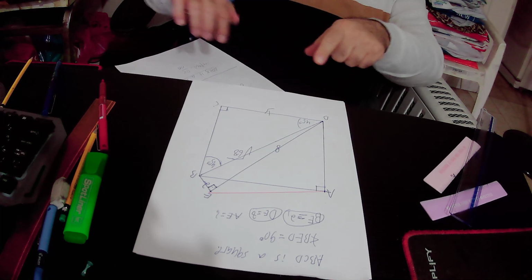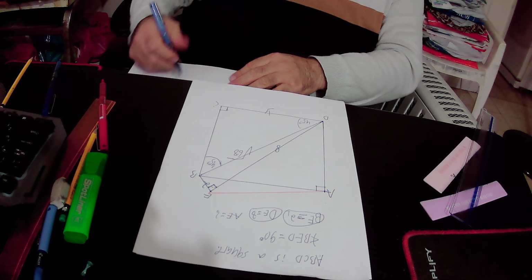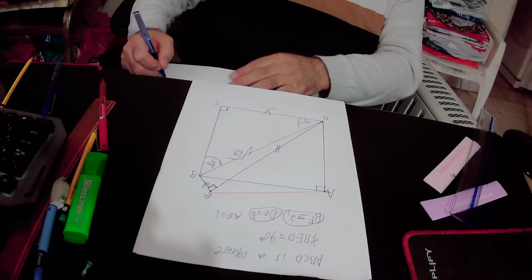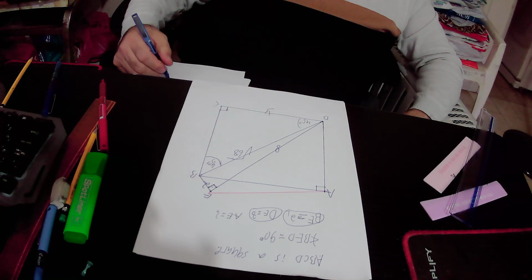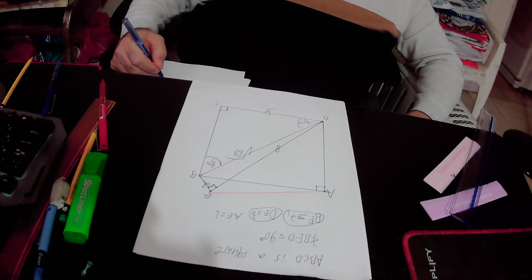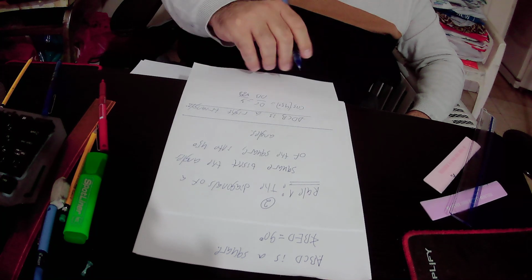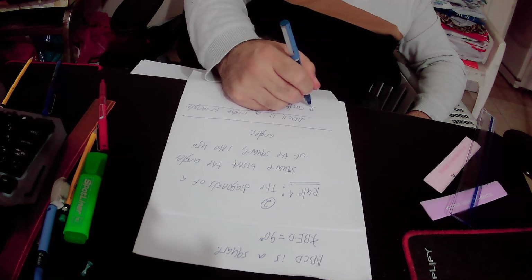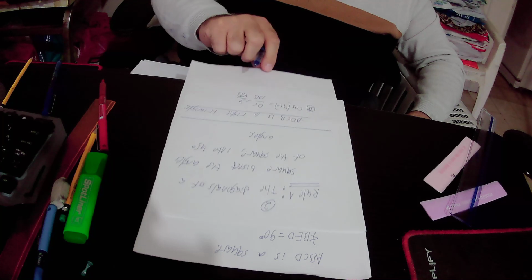But DC equals Y according to our definition, and DB equals the square root of 68. Okay, so in total we got that cosine 45 degrees equals Y over the square root of 68.